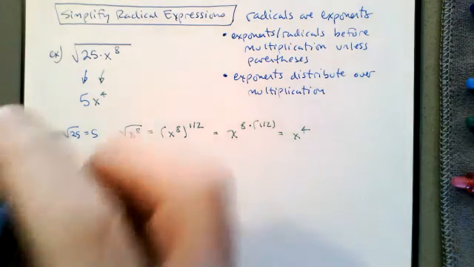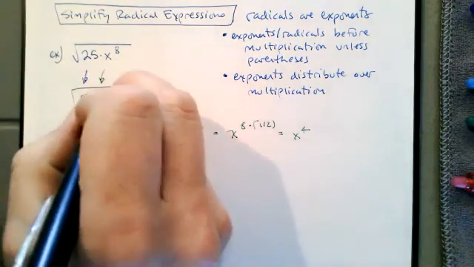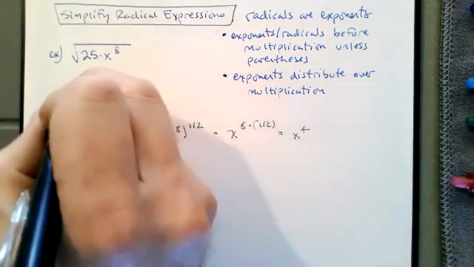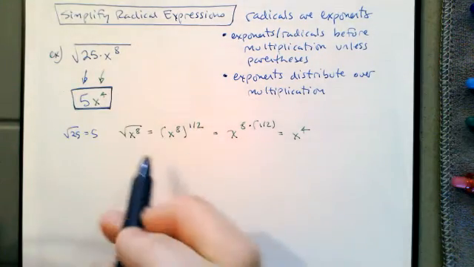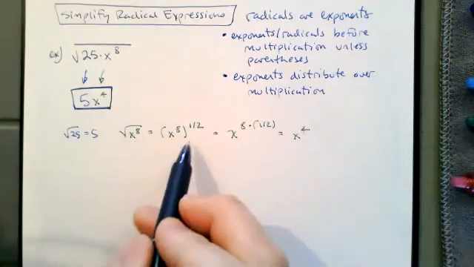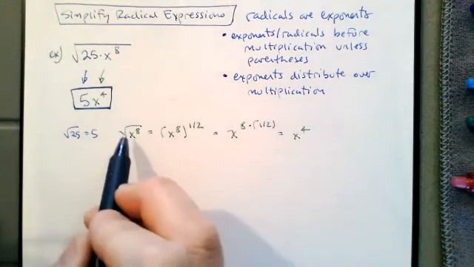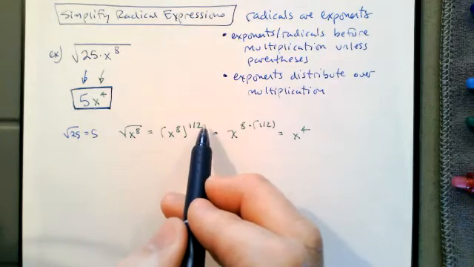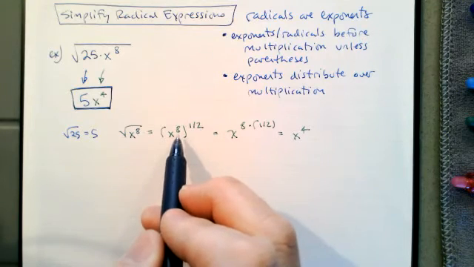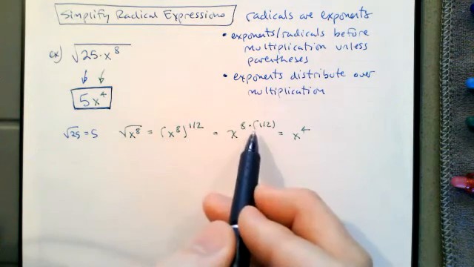And now we have simplified the expression. So in terms of what we're learning new, we read the square root of x to the 8th as a 1/2 power. The index of the radical, the invisible index, is a 2. The index of the radical is the denominator of the exponent. When we raise an exponent to an exponent, we multiply the exponents.